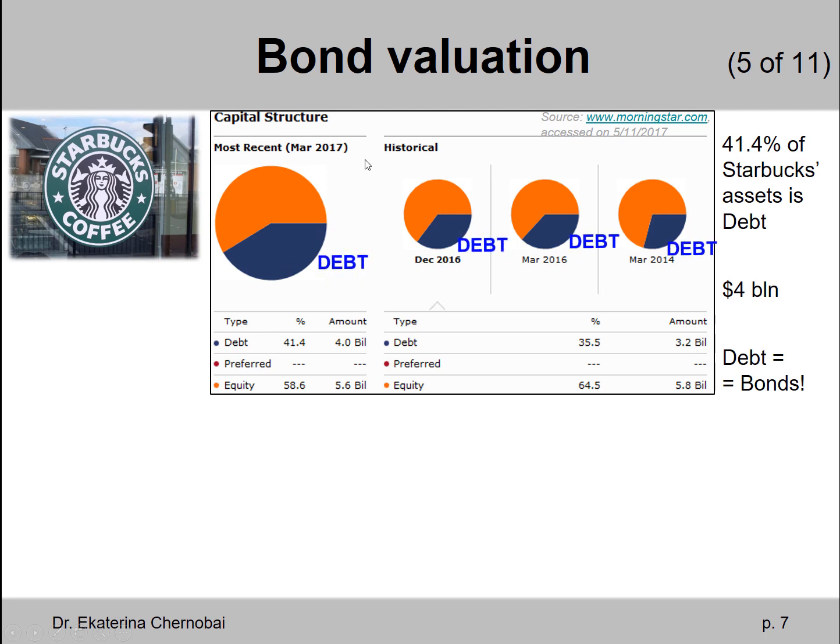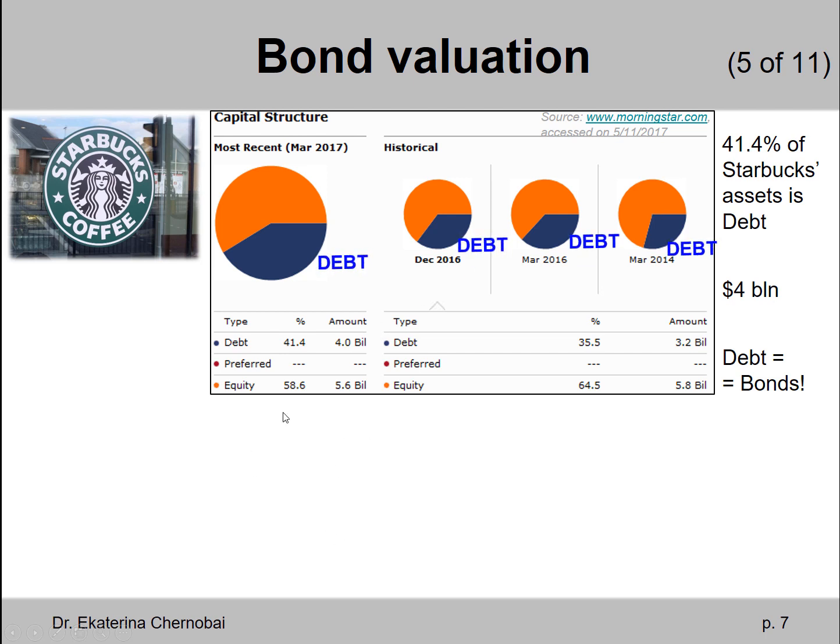So this figure shows that in March 2017, the proportion of debt, how much money Starbucks owes to others, is a little over 41% of total money that it has on its hands.